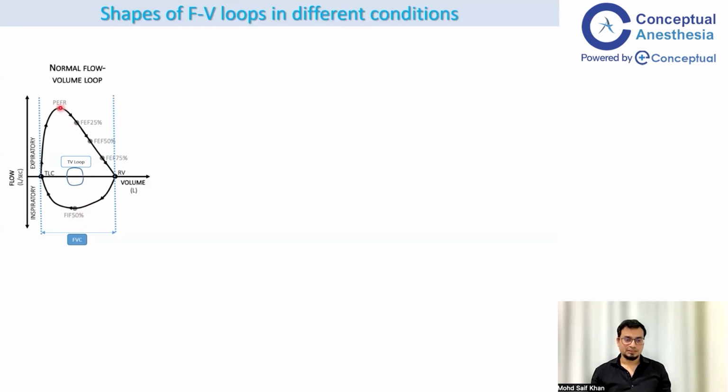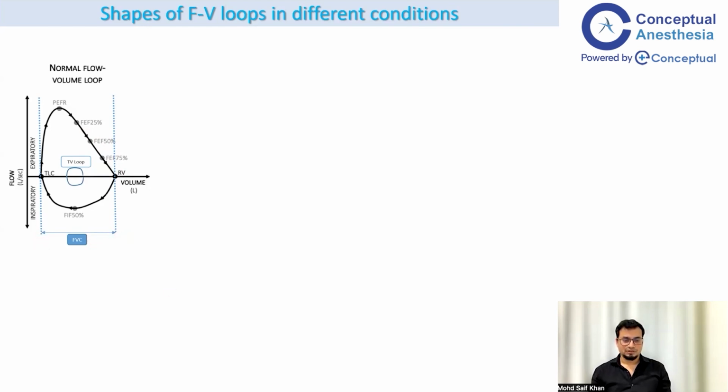And this is your PEFR on the other side at the expiratory limb. This is your maximum, and from here, this is forced expiratory flow at 25%, then 50% and 75% of the vital capacity. So this is in relation to the vital capacity. At 25%, 50% and 75% of vital capacity. And vital capacity is between the TLC and the residual volume.